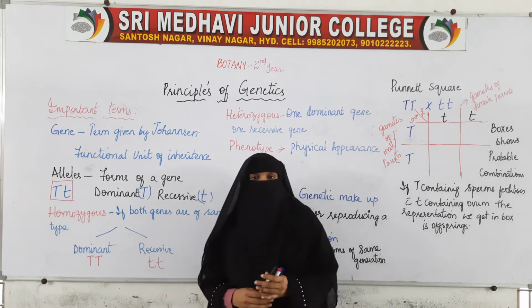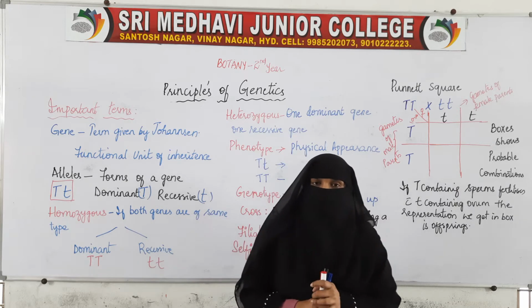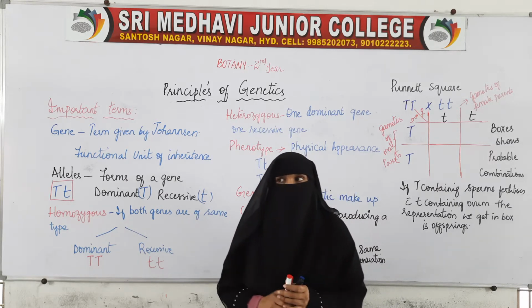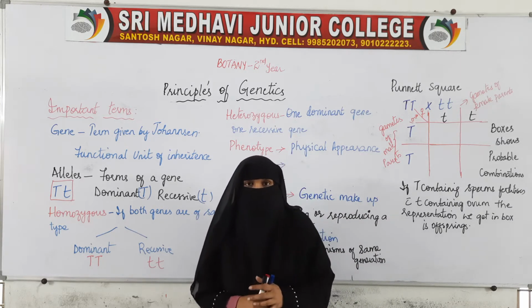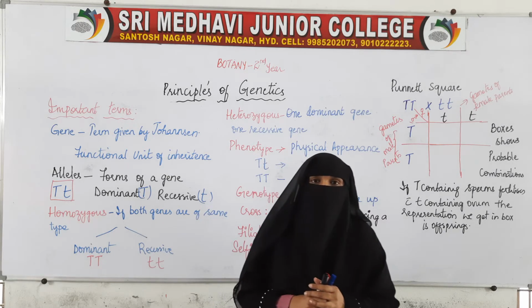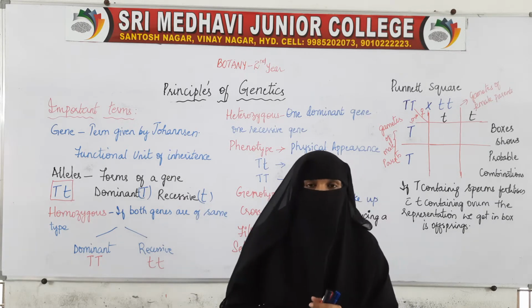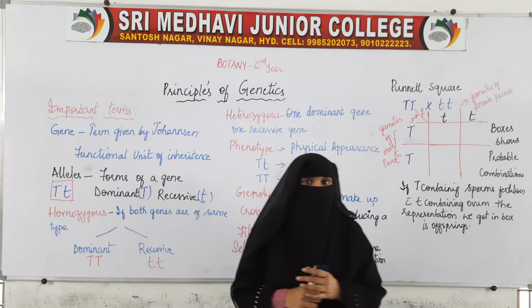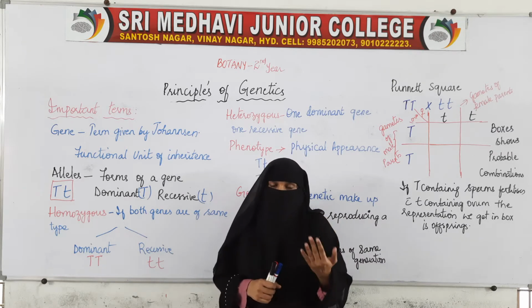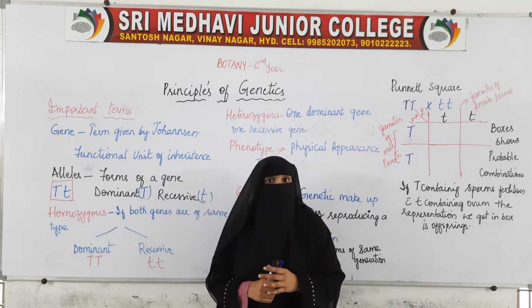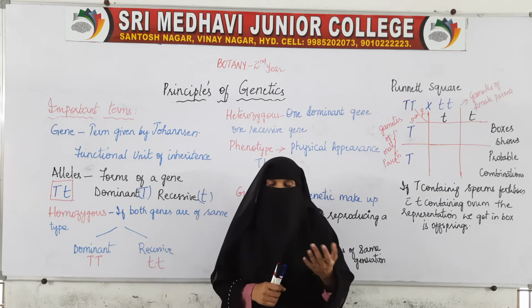Welcome back, students. In the previous class we have seen why Mendel chose the pea plant for his experiments. What are the reasons for this? The lifespan is very short, and there were 7 contrasting characters found in the pea plant.